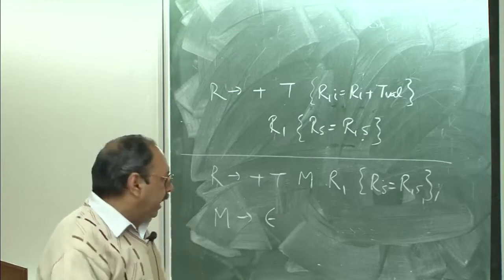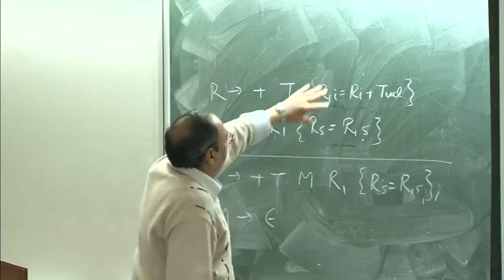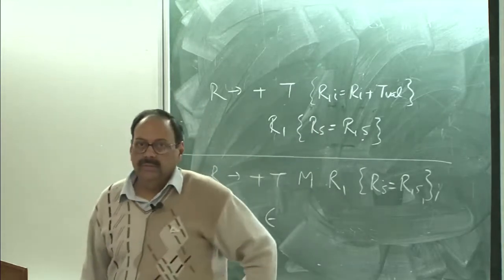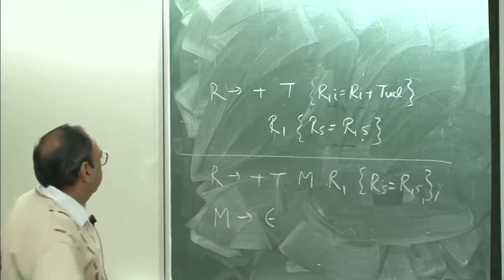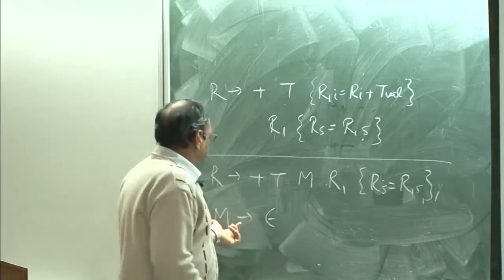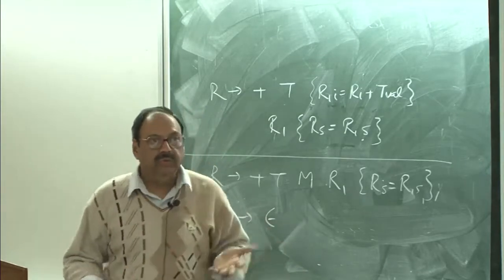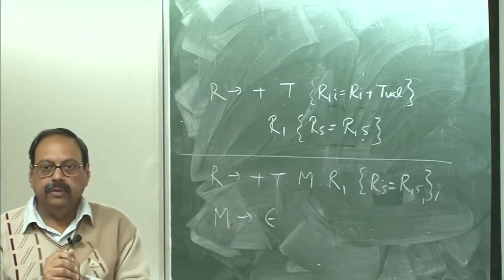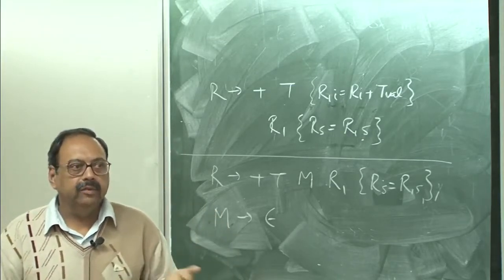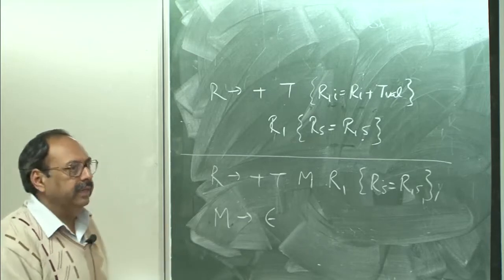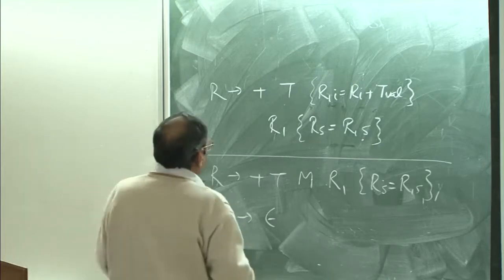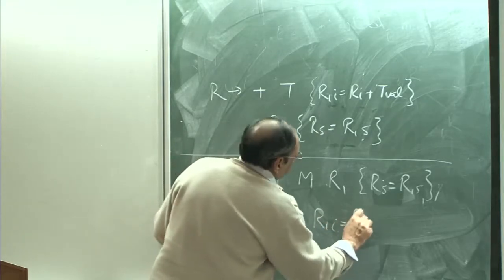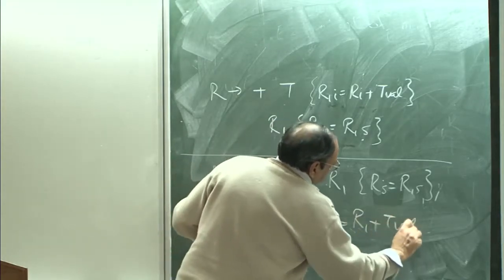At least if I forget about this rule, am I dealing with the same language? Now M is going to have certain attributes, because it is a new non-terminal. A new non-terminal can have inherited attributes and synthesized attributes, but we will deal with that later. Suppose I say that M goes to epsilon, and this is where I introduce R1 inherited is R1 plus T1.